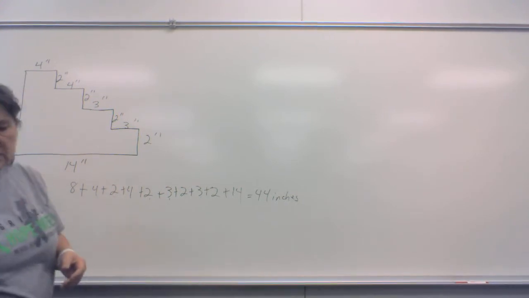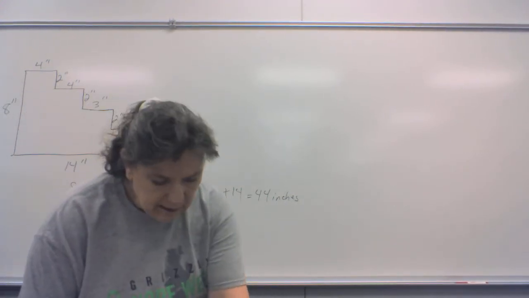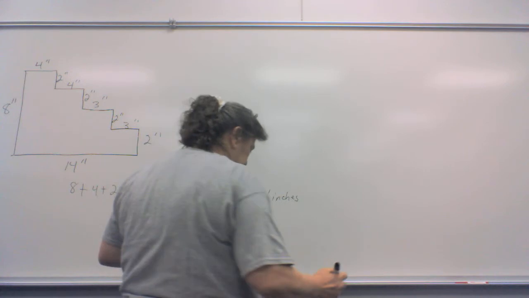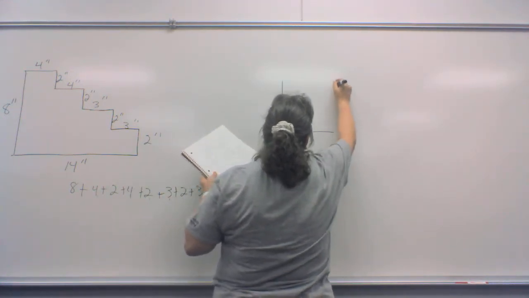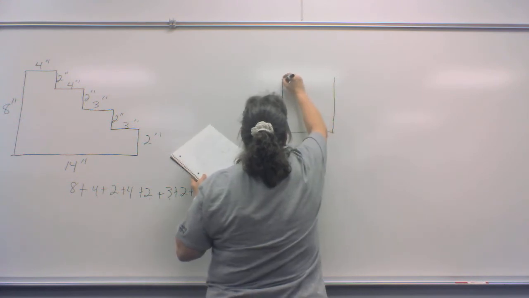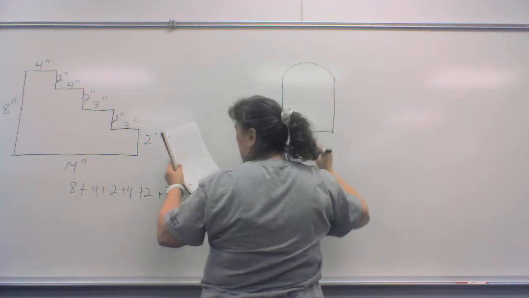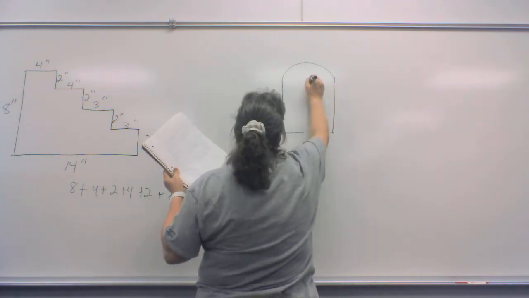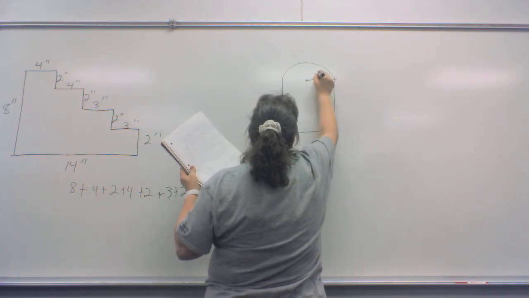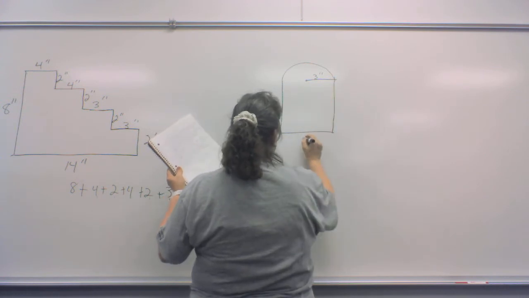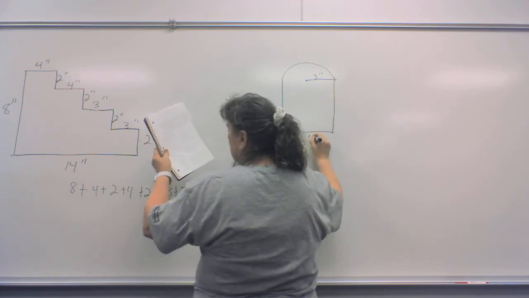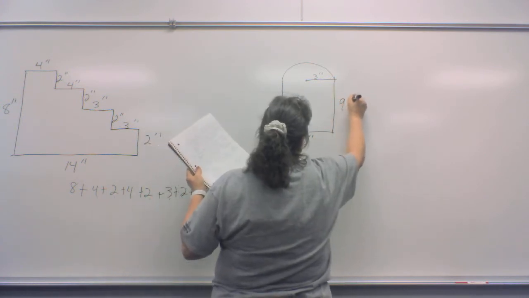Okay, so now let's look at one where we combine some shapes. Okay, we've got a 3-inch radius here, and that's halfway across, so that means this is 6 inches, and I assign this 9 inches.